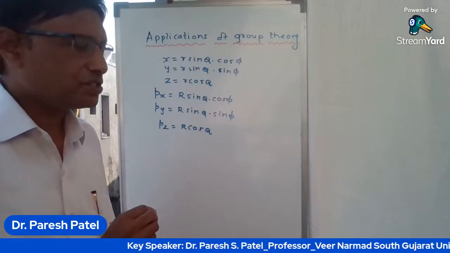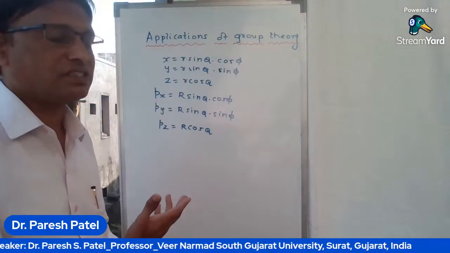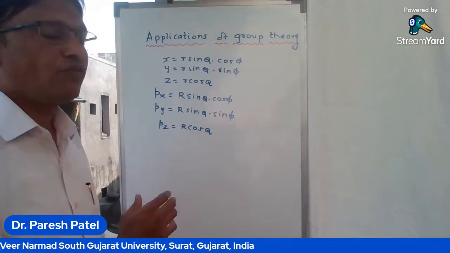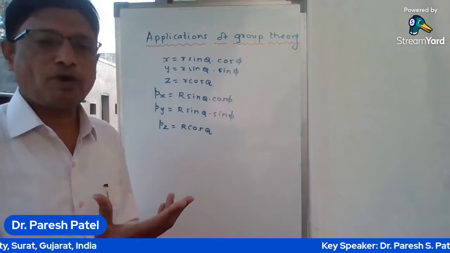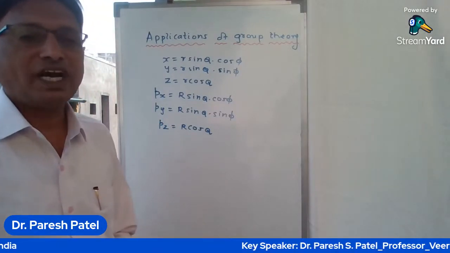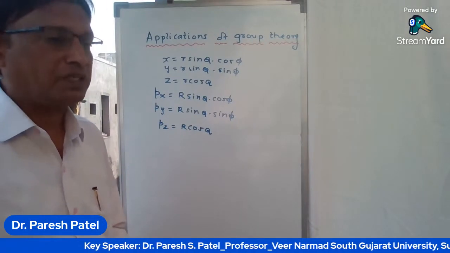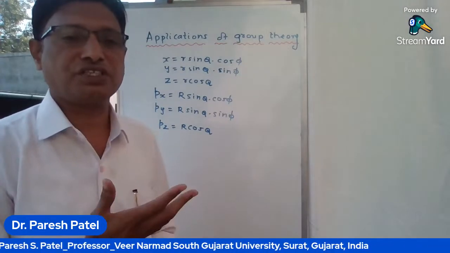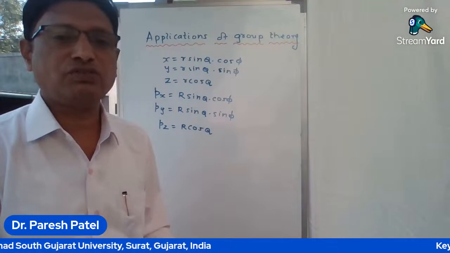So, dear students, how do we find out the contribution of orbitals in the bonding skeletal of molecules? We know the shape of the s orbital is spherical, the shape of p orbitals is dumbbell, and we also know the shape of the d orbitals. So we have to operate different symmetry operations on the s, p, and d orbitals and find out the changes.